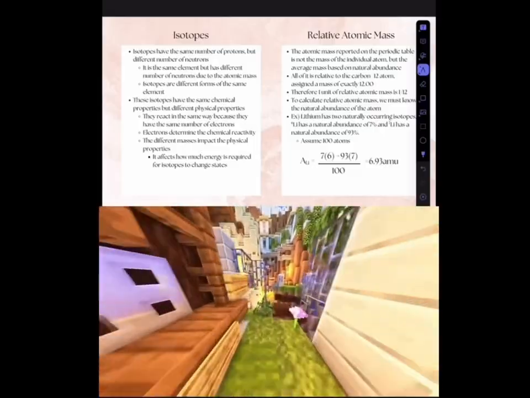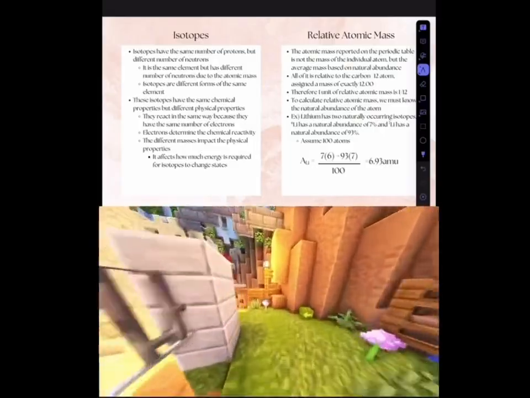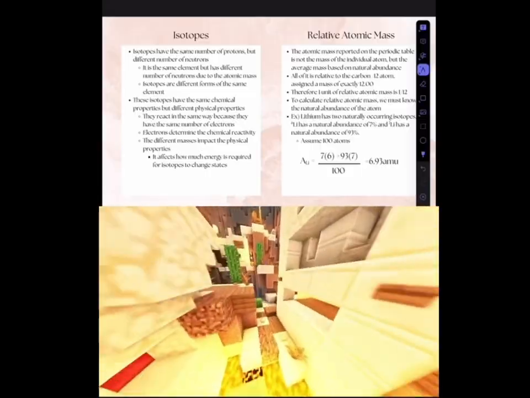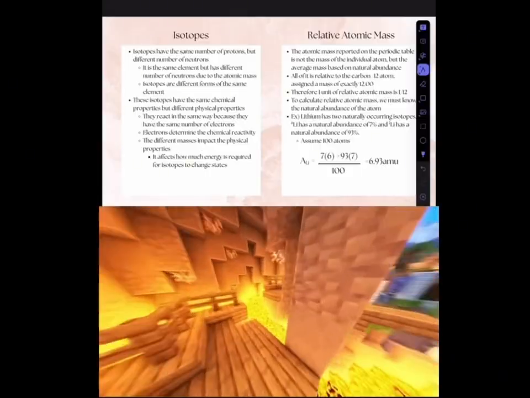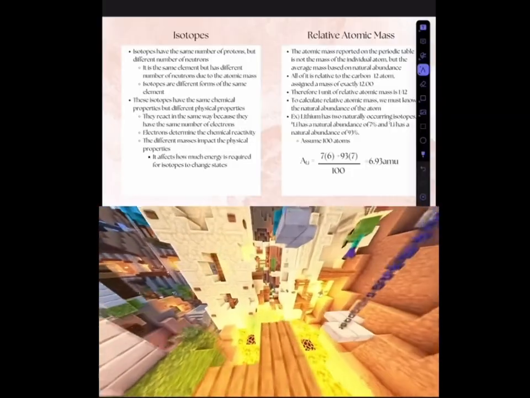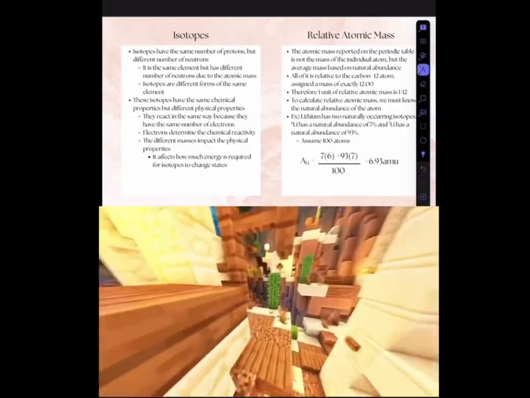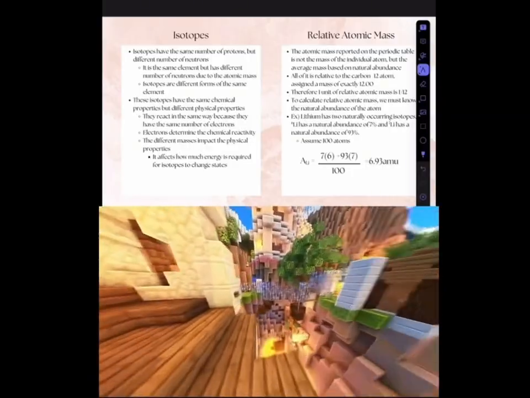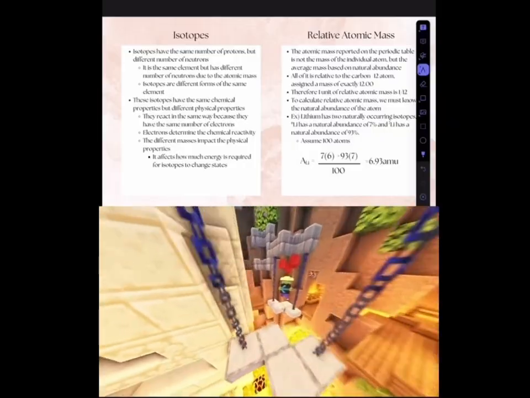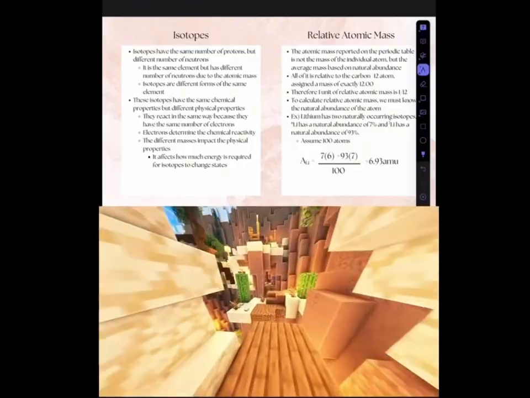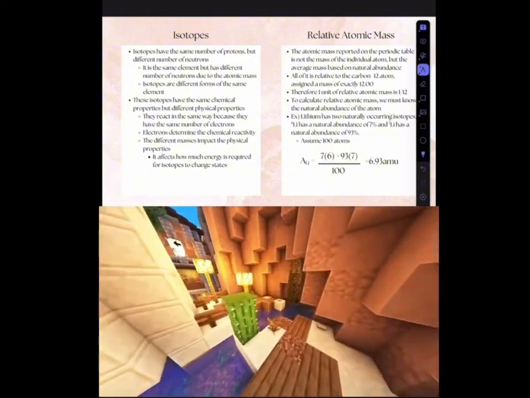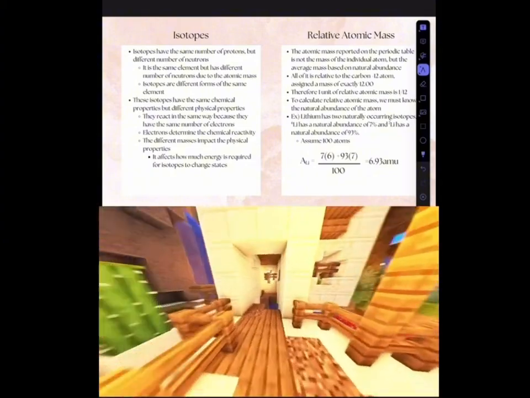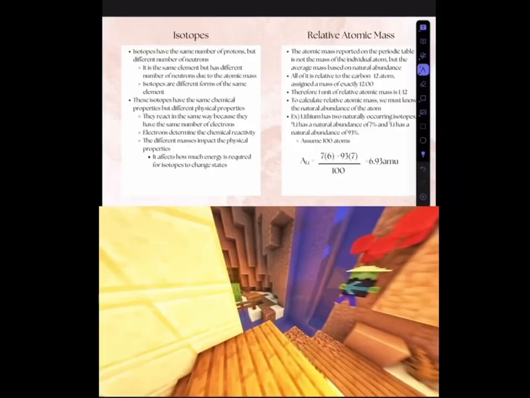For isotopes, we have the same number of protons but a different number of neutrons. So it's the same element, with the same name, but a different amount of neutrons, and therefore the mass will be different as well. Therefore they have the same chemical properties but different physical properties.